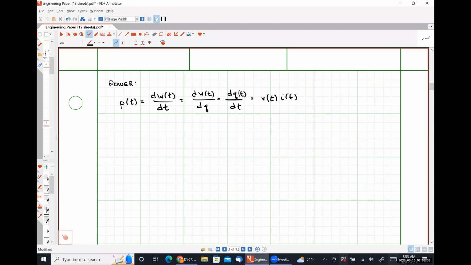So this is our power relationship, the unit of power. We can see pretty easily here that it's going to be 1 volt times an amp, which is the same as a joule over a second. And this is the watt.